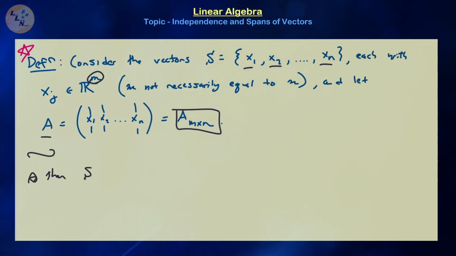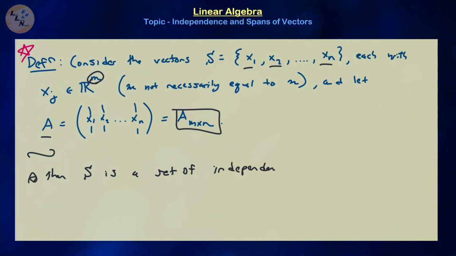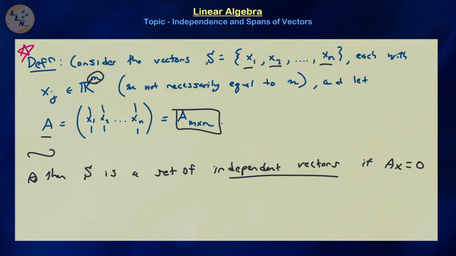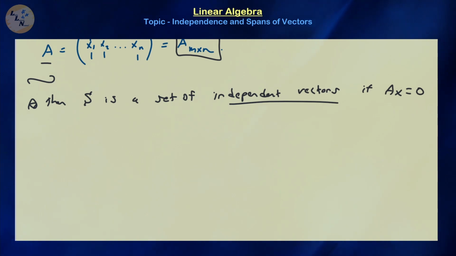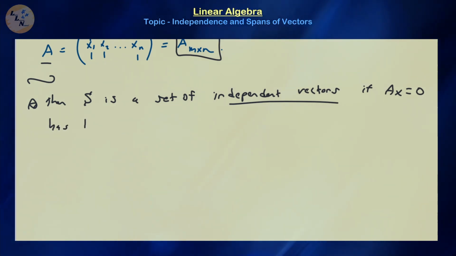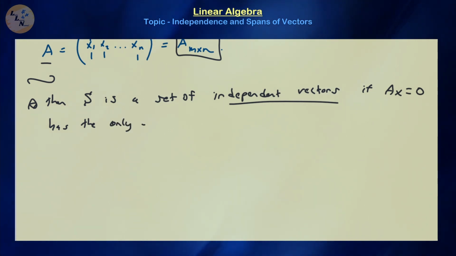S is a set of independent vectors if Ax equals 0, keep in mind A is not necessarily a square matrix here, but the same idea can be applied, has the only solution x equals 0.